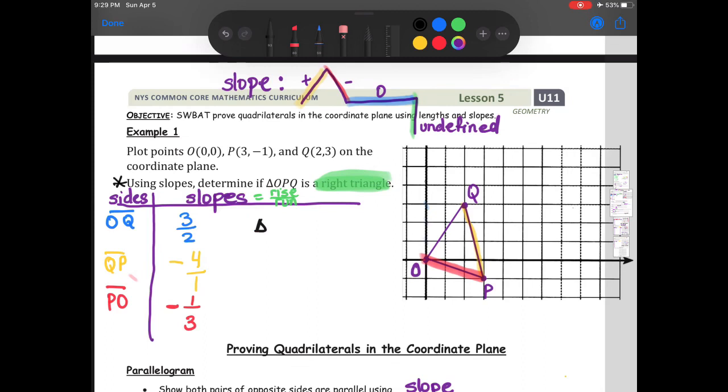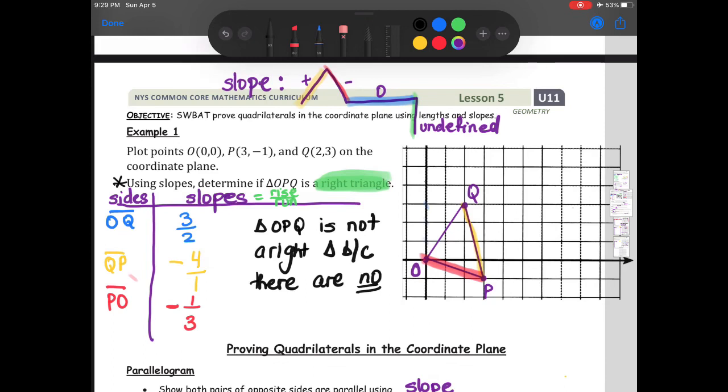So I'm going to write here: triangle OPQ is not a right triangle because there are no negative reciprocal slopes. Right? So that's what it is. Anytime you want to prove anything is perpendicular, you're going to talk about the slopes.